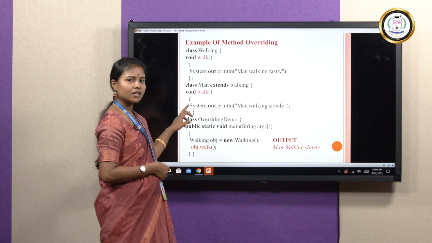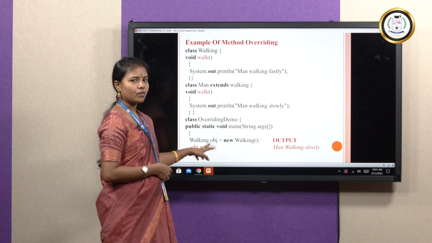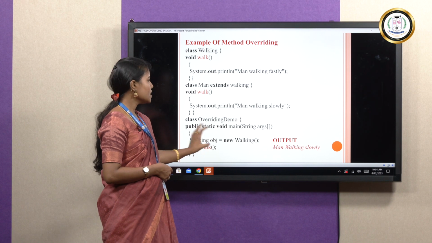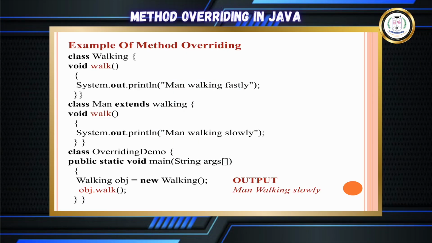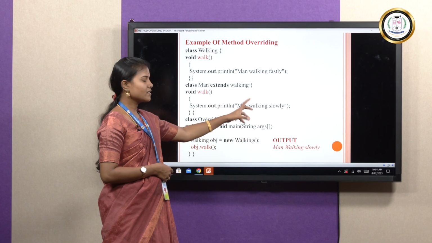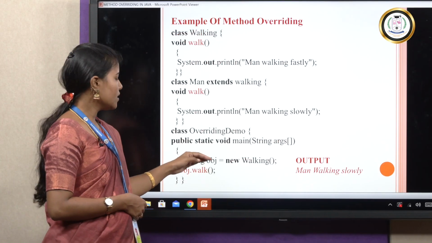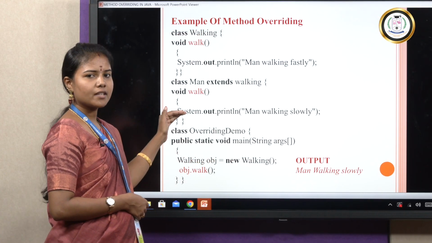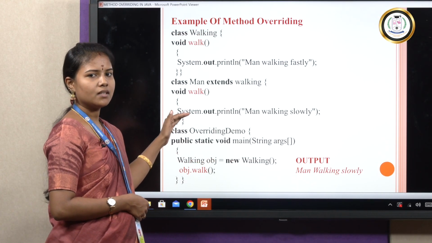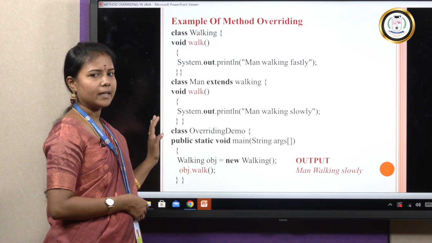To invoke the method, we use the object name dot walk. Close the braces. This is the example program. Now the output: man walking slowly. So in this child class, it always accesses the child class method. This is called the method overriding concept.